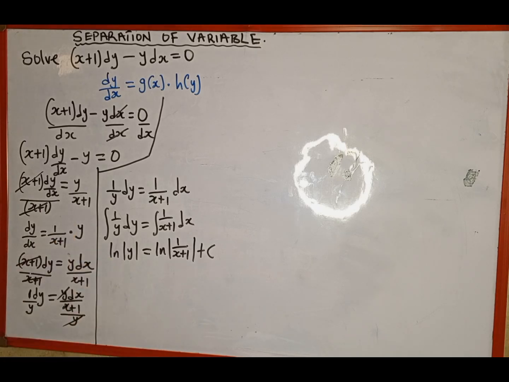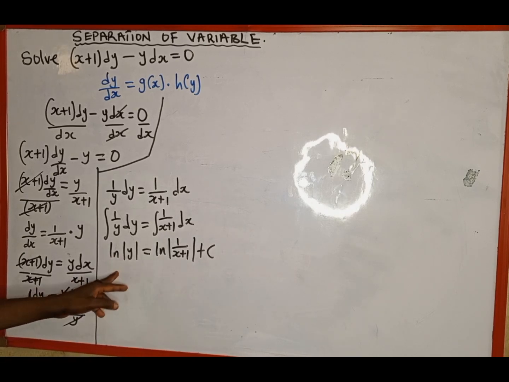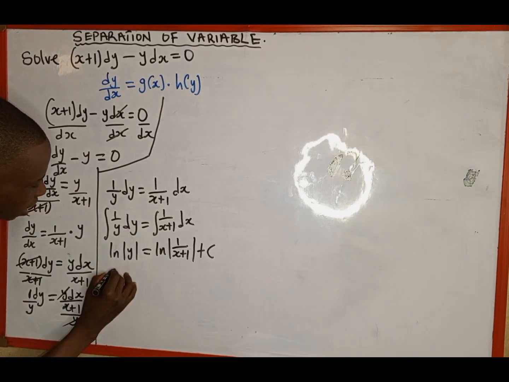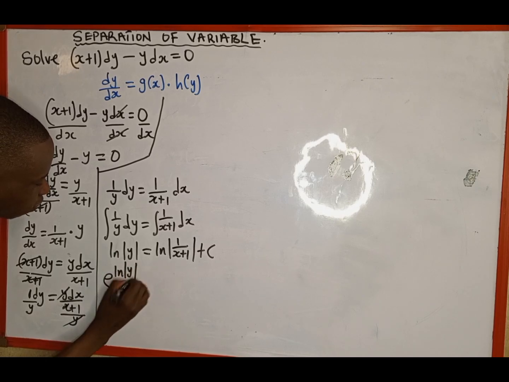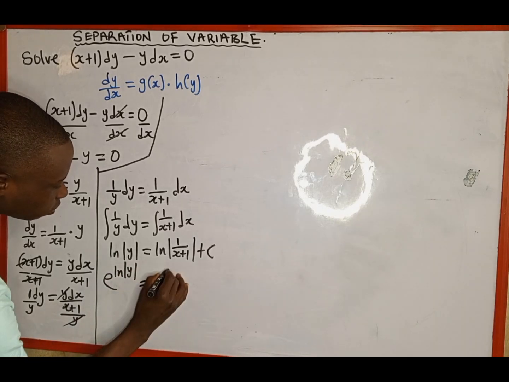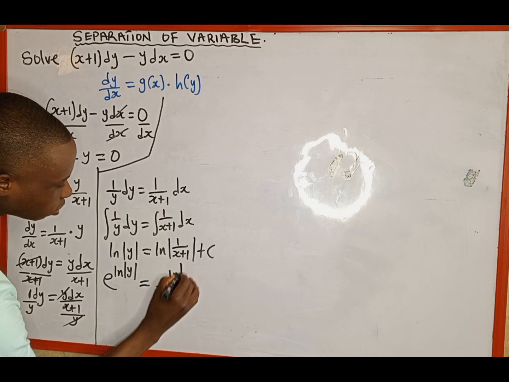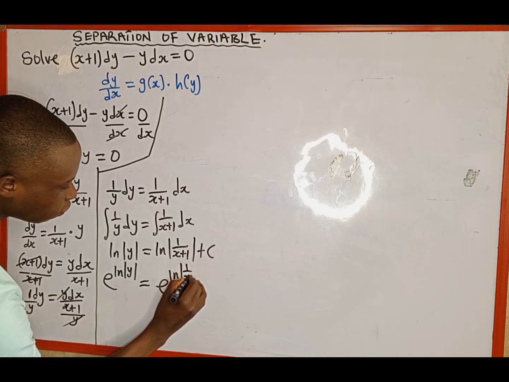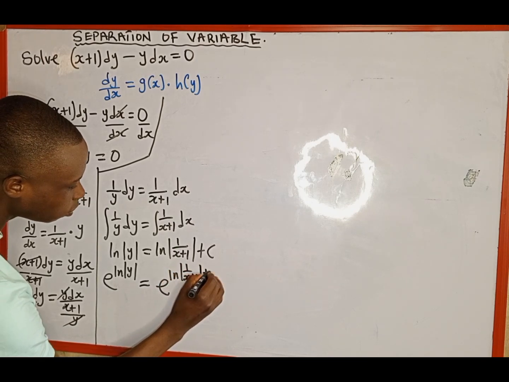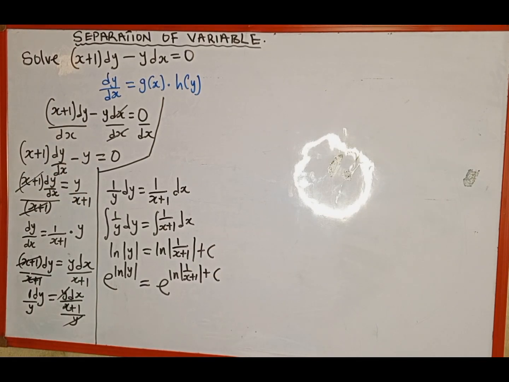Now the next thing we are going to do, to remove this ln, recall your calculus. We are going to take the exponential of both sides in order to cancel out the ln. So we have exponential of ln absolute value of y, which is equal to exponential of ln absolute value of x plus 1, plus the integration constant.